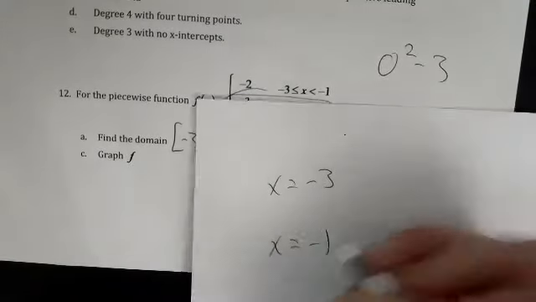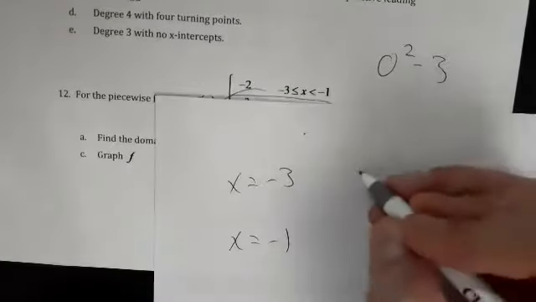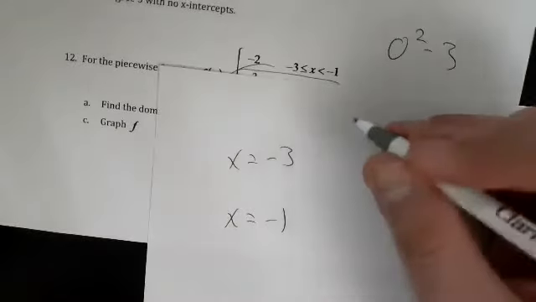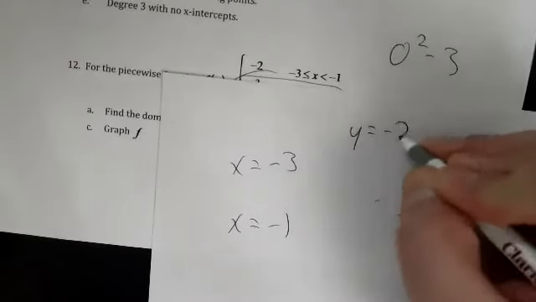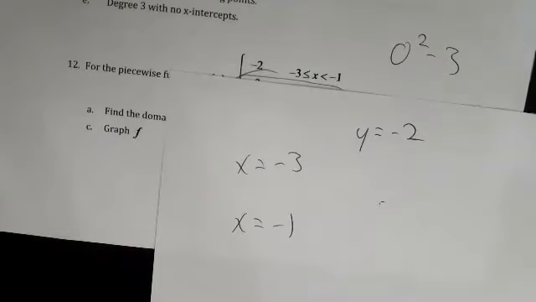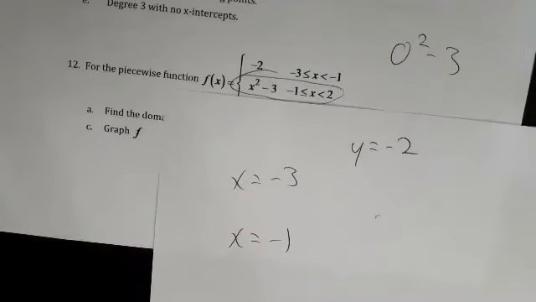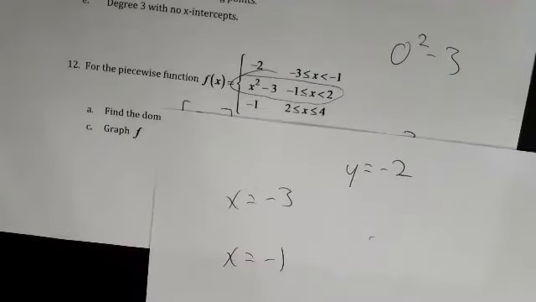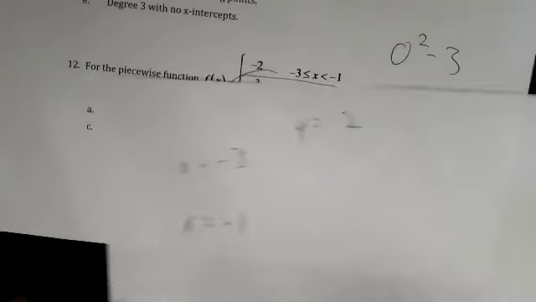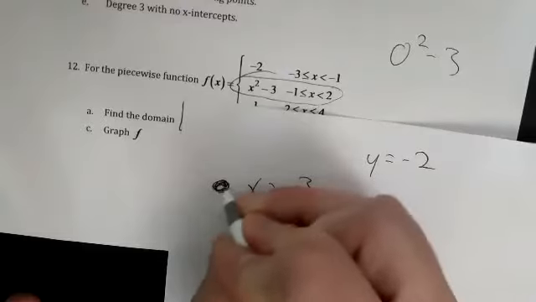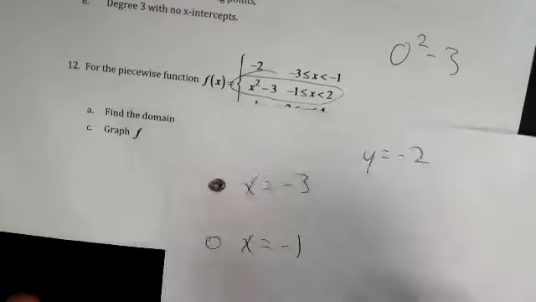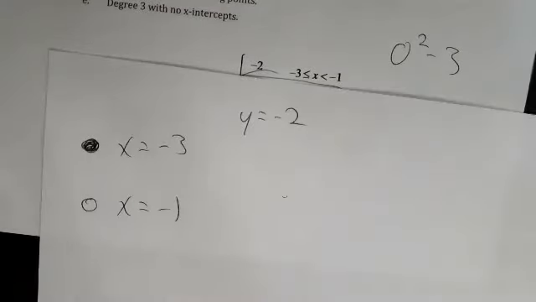I'm looking where x is -1. This first function looks like y equals -2. Another one looks like y equals x squared minus 3. Another one looks like y equals -1. Doing these sorts of things would be a good way to get a grasp on what's happening.